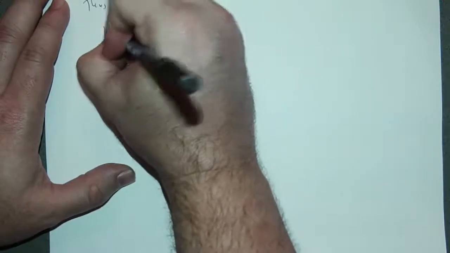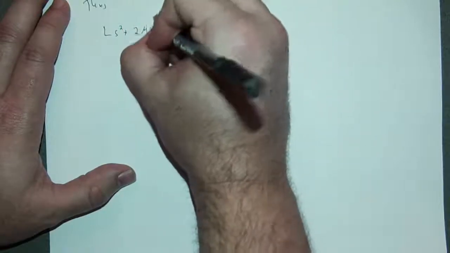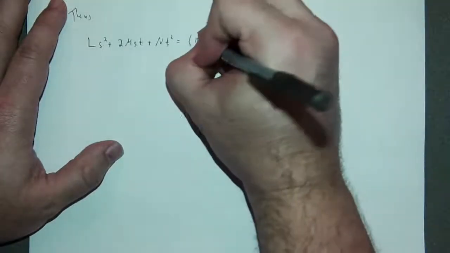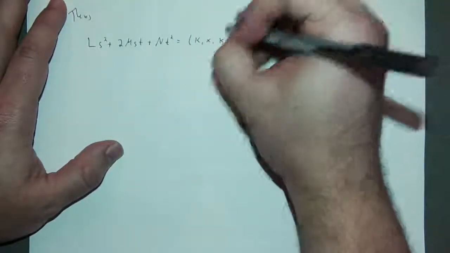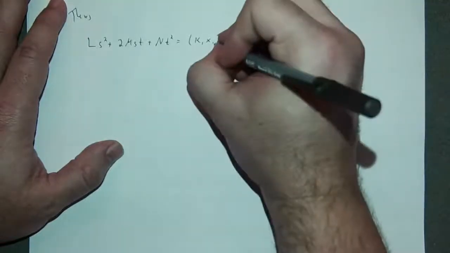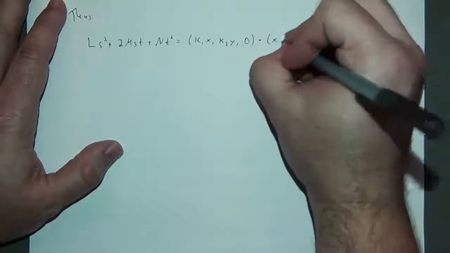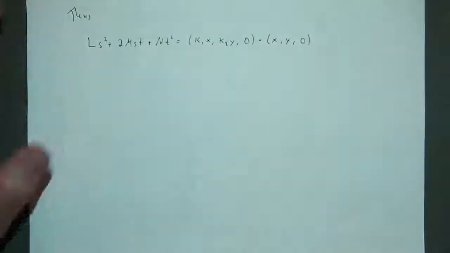Thus, L S squared plus 2M ST plus N T squared is equal to (kappa sub 1 x, kappa sub 2 y, 0) dotted with t, which is (x, y, 0). Where does this come from? This comes from the statement that I wrote here.